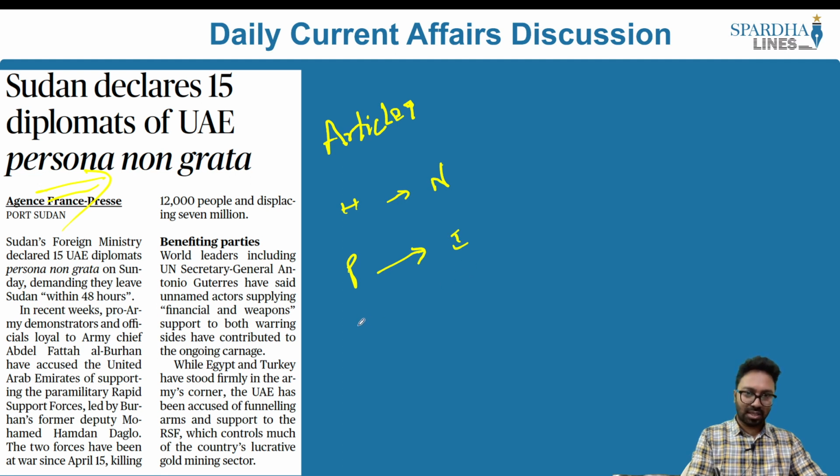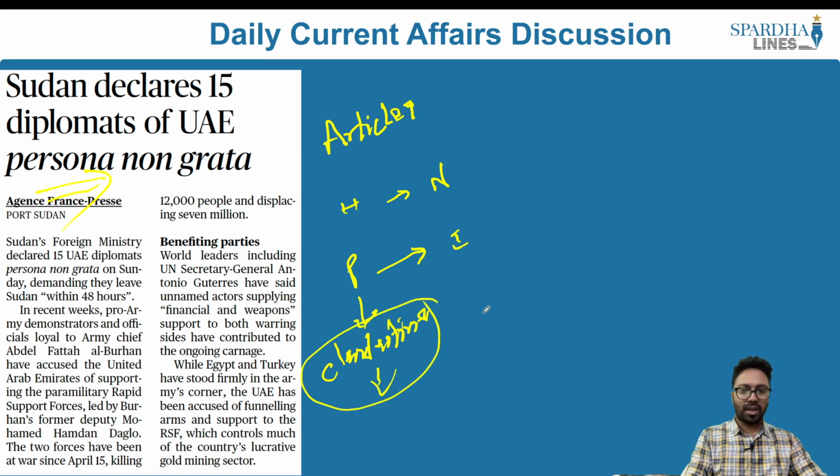If India so decides that this person from Pakistan who is working in the embassy is acting in clandestine operations, or is working in a secret operation, or is creating such problems in the country, then India can immediately issue persona non grata, which means this individual is not welcome in India, is not acceptable to the country, and as a result is immediately asked to vacate India and go back to Pakistan.